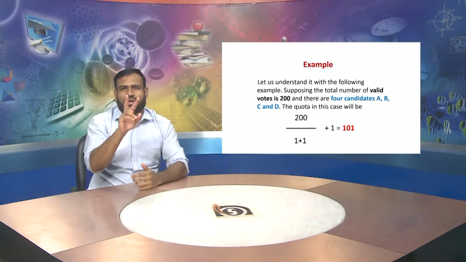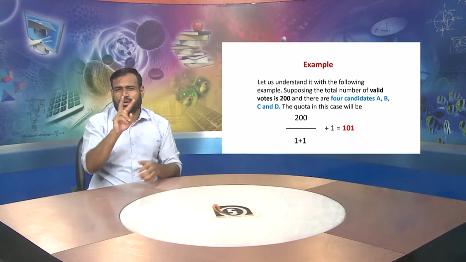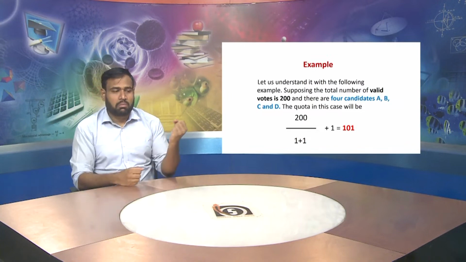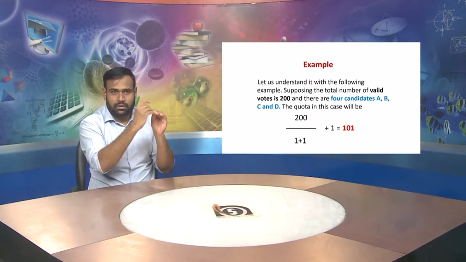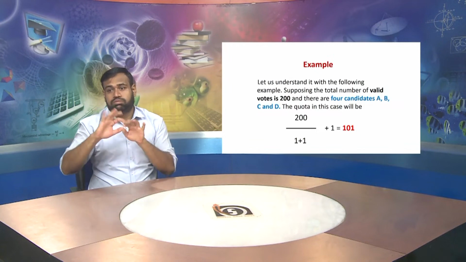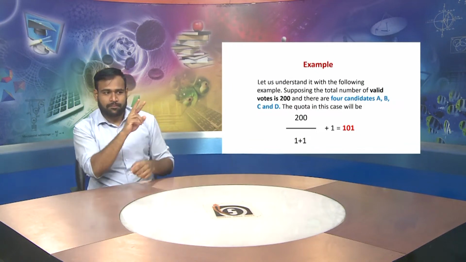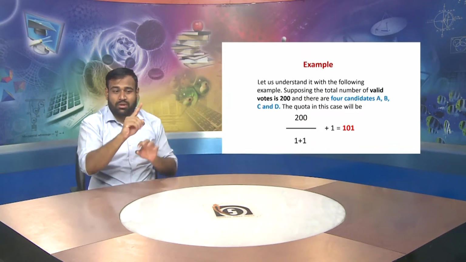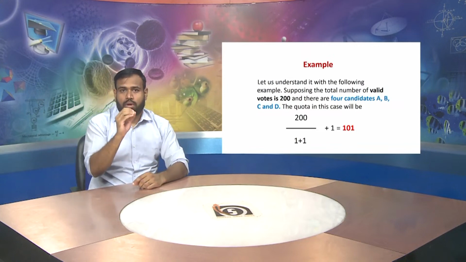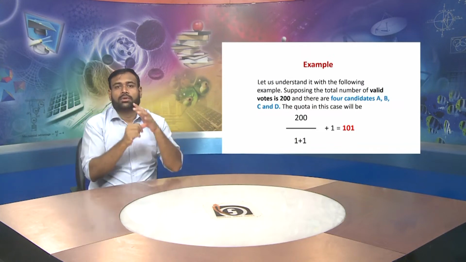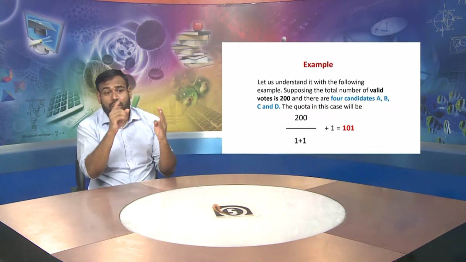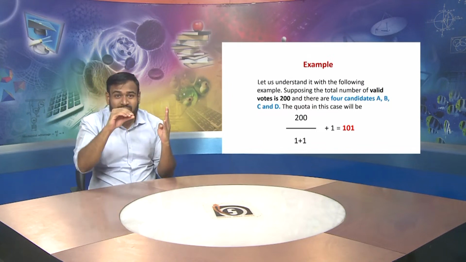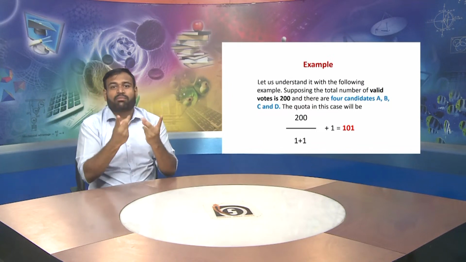Supposing the total number of valid votes is 200 and there are 4 candidates who have applied. Let their names be A, B, C and D. The quota in this case will be 200 divided by 1 plus 1, and when we divide this, the answer is also added with 1. So the answer comes out to be 101.